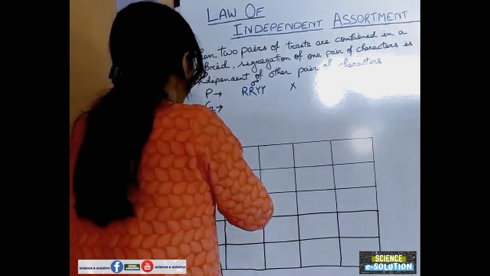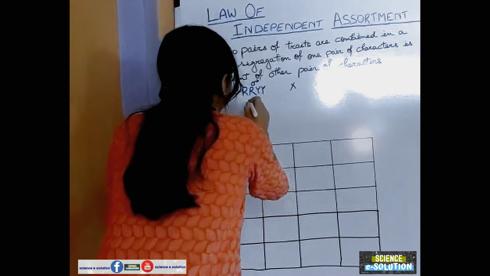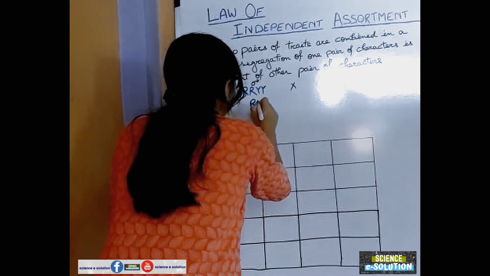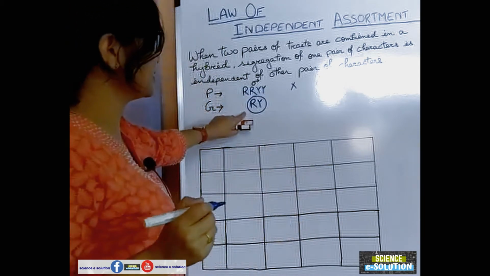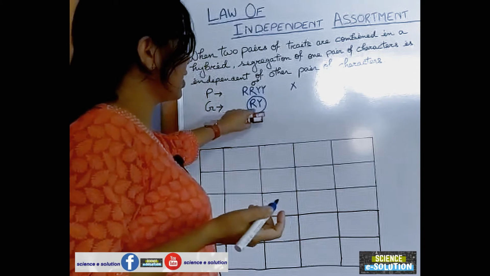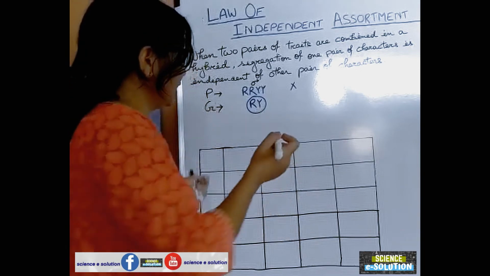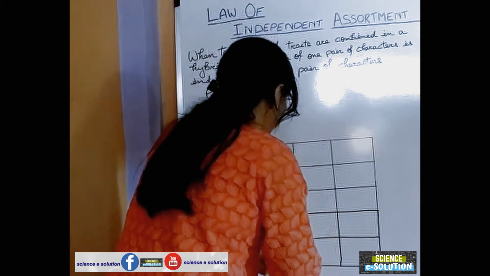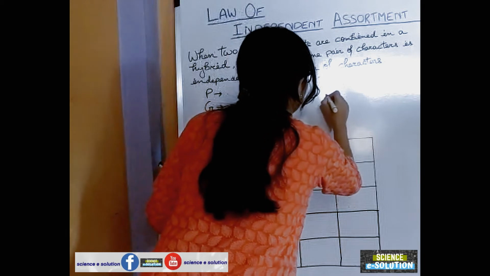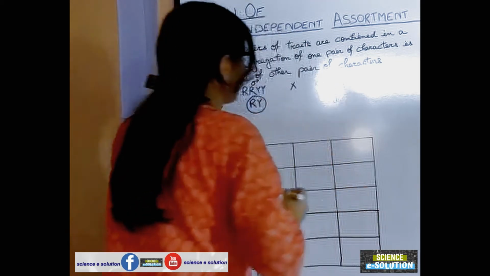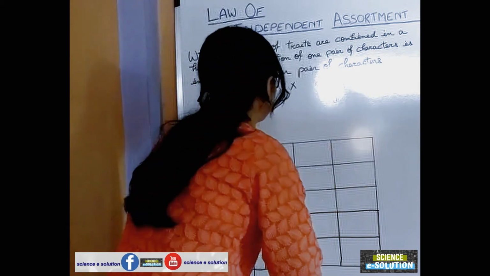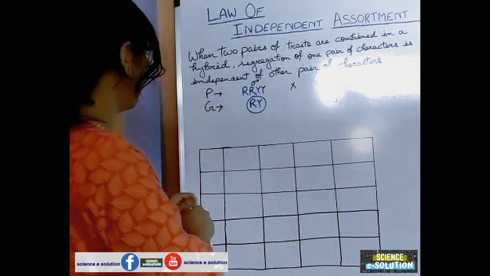So what are the gametes here? Here we will get only one type of gamete, that contains the gene for round and yellow. And here we will get the gene for wrinkled and green. This we will get in the gametes of the parents.